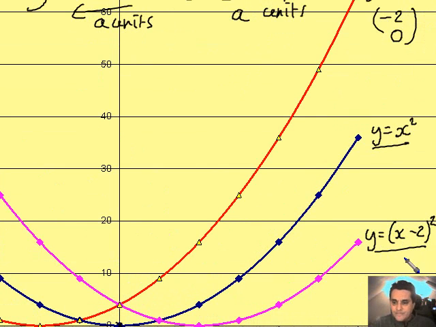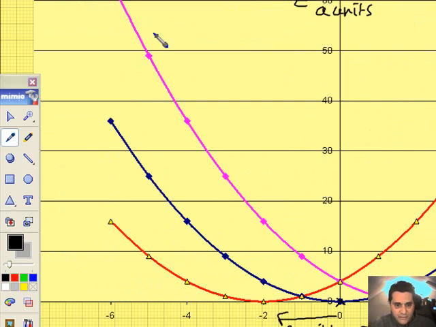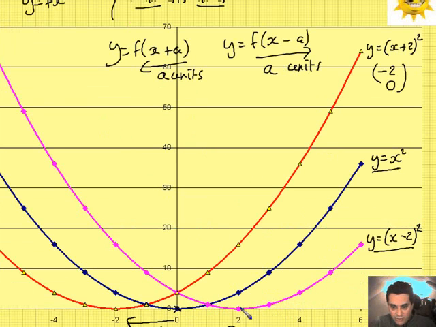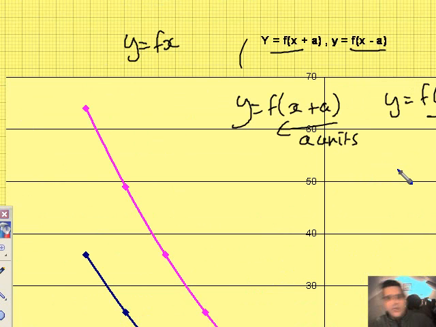And here we can see the purple graph there moves from the point 0, 0 in y equals x squared and becomes a trough at 2, 0. So therefore the vector that transforms y equals x squared into y equals x minus 2 squared is simply 2 along, 0 up.